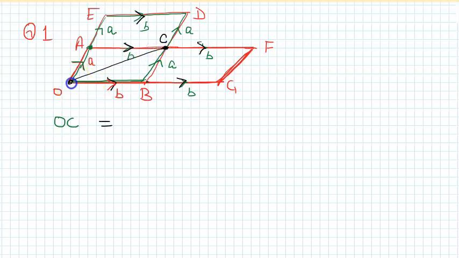Now you start from O and you reach C. So first you move here, that is A, then you reach here, and then you reach here. So this is OC.